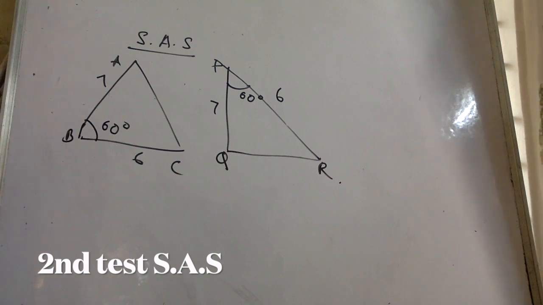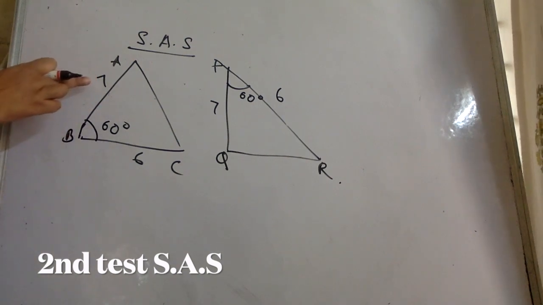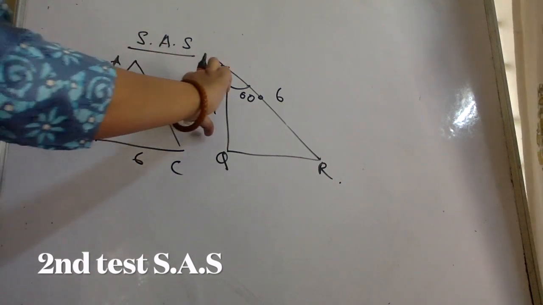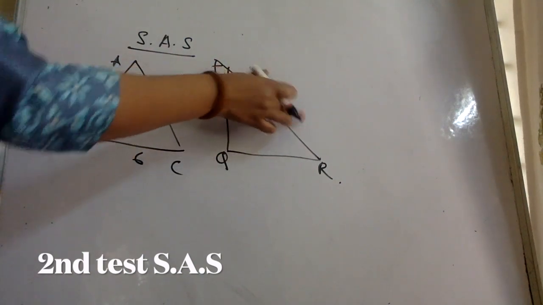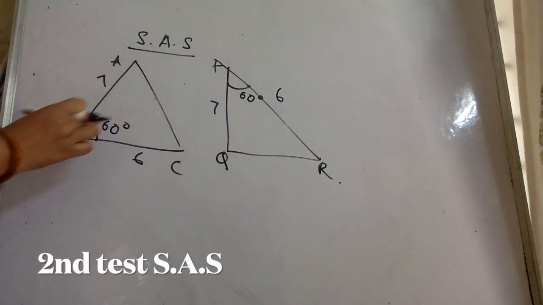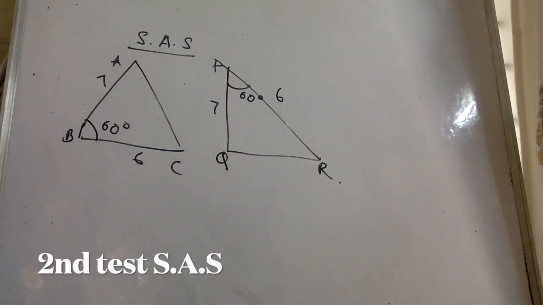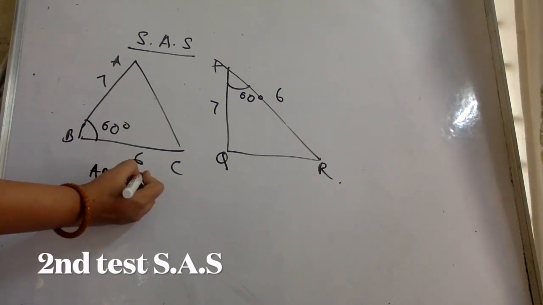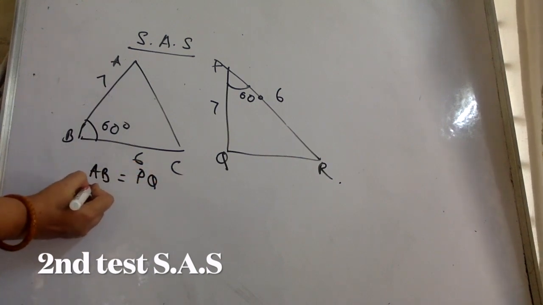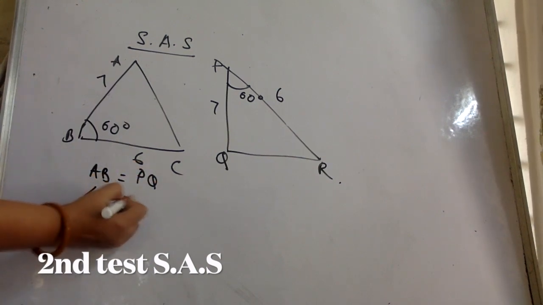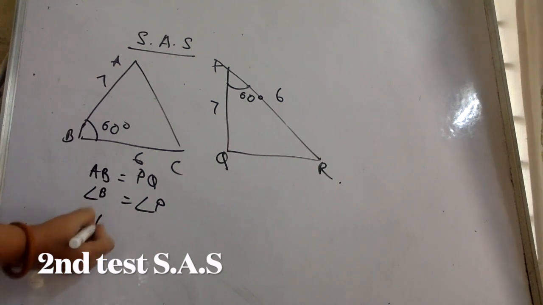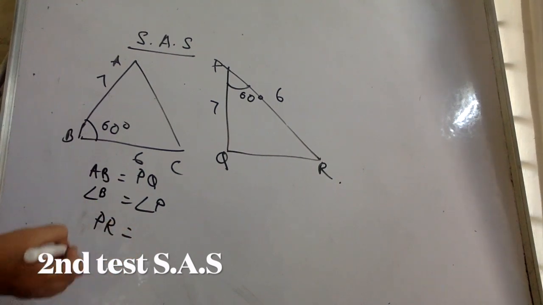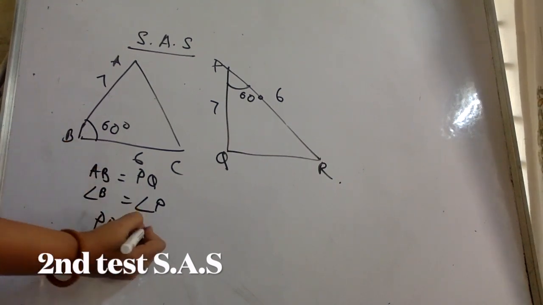Now what we do here is, we are observing that here we have 7 centimeter, here we have a 7, another 6, and the in between angle is equal. That is, AB is equal to PQ, angle B is equal to angle P, PR is equal to BC.